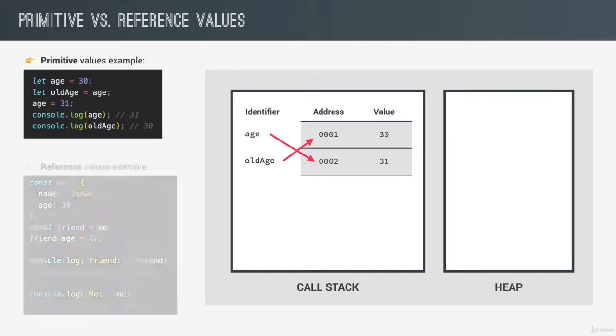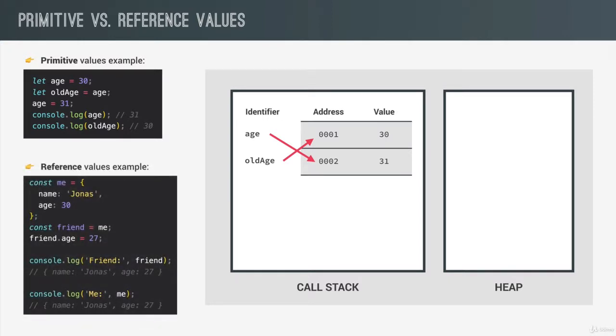Now with reference values, things work a bit differently, which is the reason why this example gave us that unexpected weird behavior earlier in practice. So what's the origin of this weird, unexpected result? Well, when a new object is created, such as this me object, it is stored in the heap.